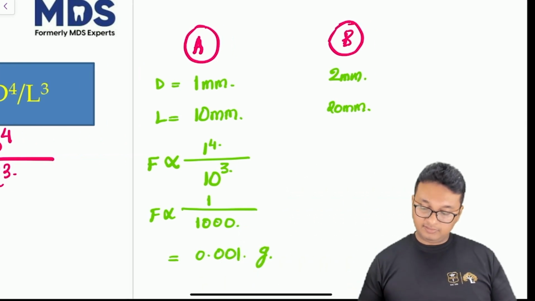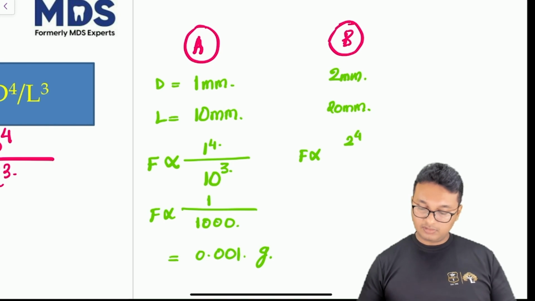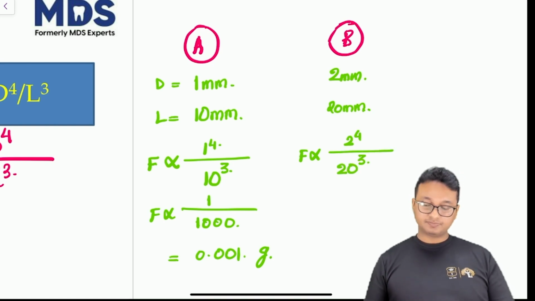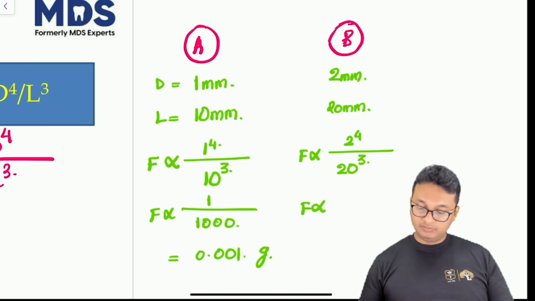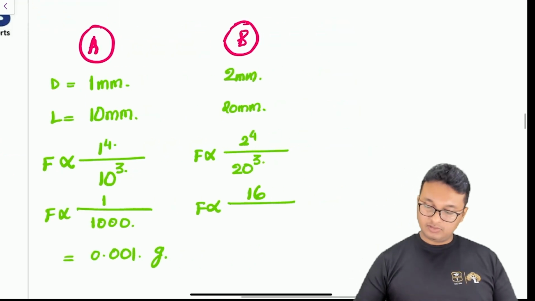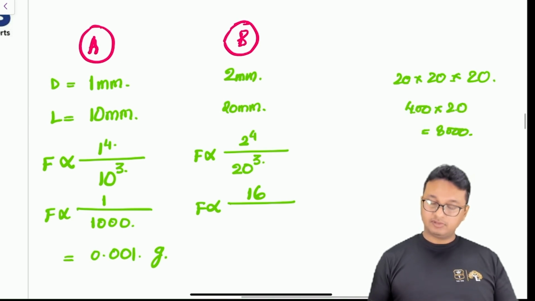But in the second case, force will be proportional to 2 raised to 4 upon 20 raised to 3, right? That means force will be proportional to 2 raised to 4 means 16, and 20 raised to 3 means 20 into 20 into 20, 400 into 20 equals 8000, right?